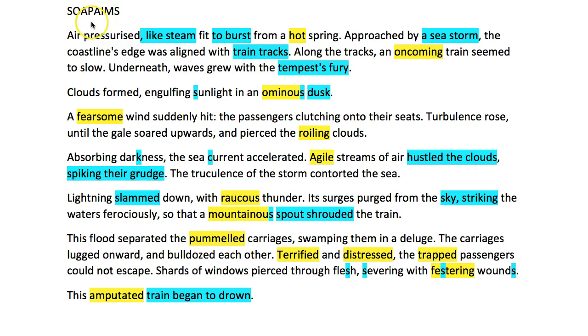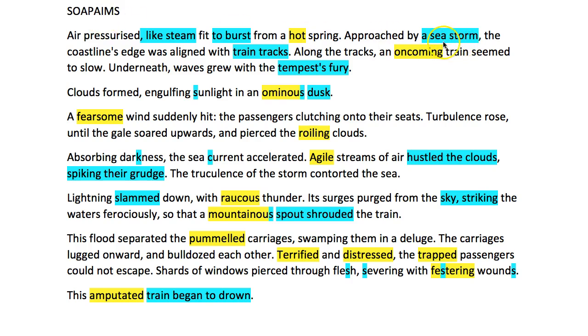Let's have a look at what I've highlighted in this green color. Like steam, obviously we have a simile, and it works here. It gives us the idea of power and danger, and that's emphasized with to burst, which is an onomatopoeic word, burst. I've left all the yellows, which are adjectives, again already in SOAP aims.